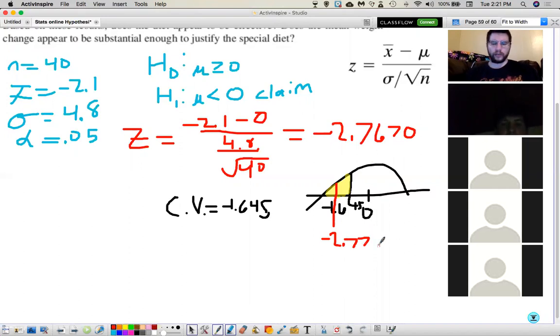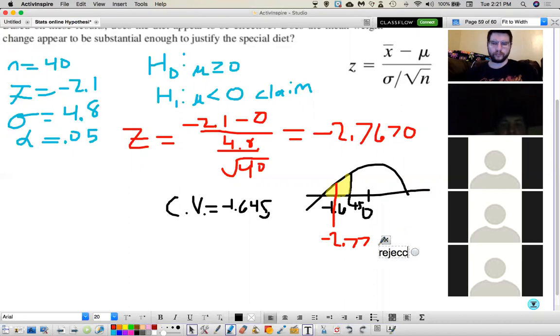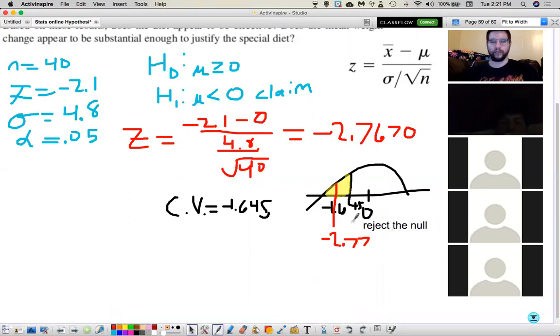So we're going to reject the null. The test statistic is in the shaded region, that's the rejection region, means we reject the null.